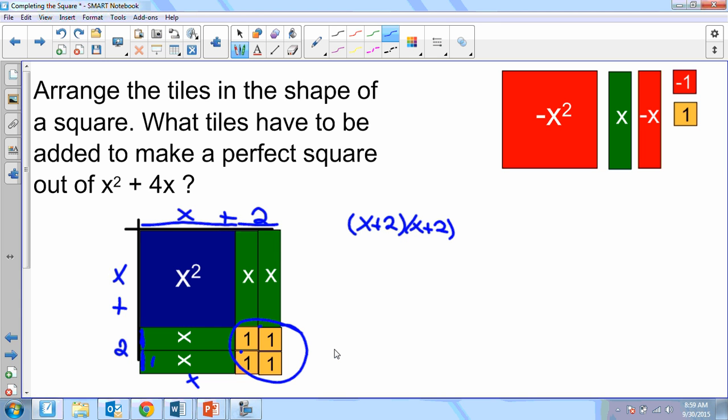That's the area of this figure. And when we work it out, we get an x squared plus 4 of these x tiles plus 4 of these small tiles, 4 of the ones. So we had to add 4 to make it a perfect square. Everybody good with that? Okay.